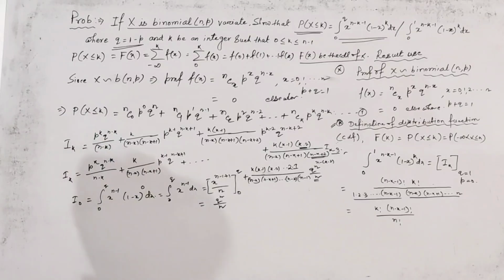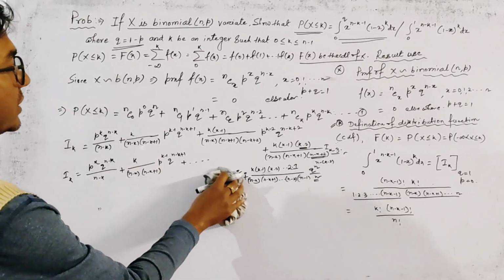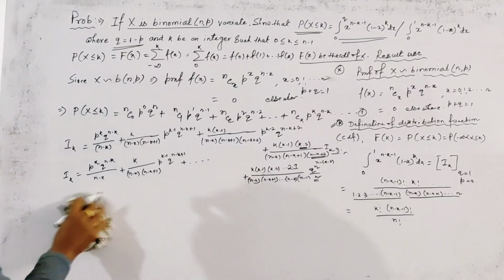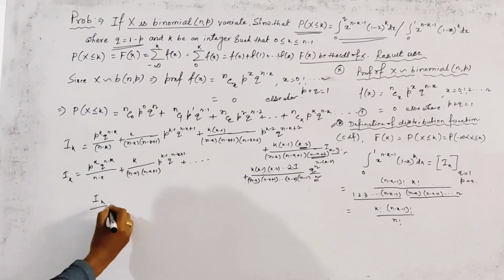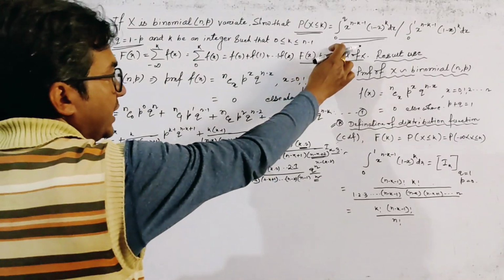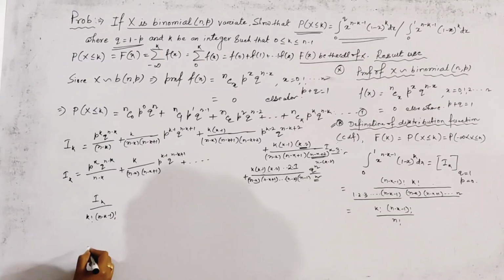Now here we divide our result in Ik. We get Ik by this, this is k factorial into n minus k minus 1 factorial by n factorial.